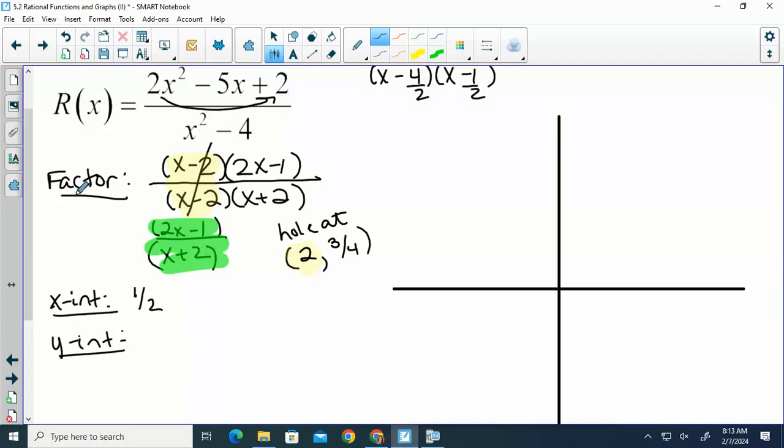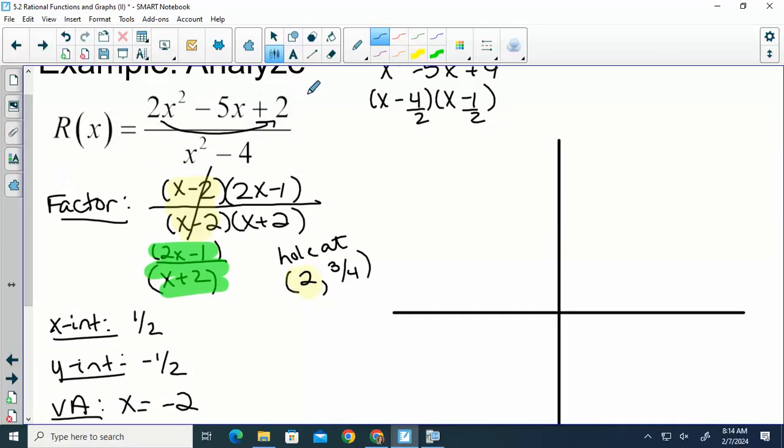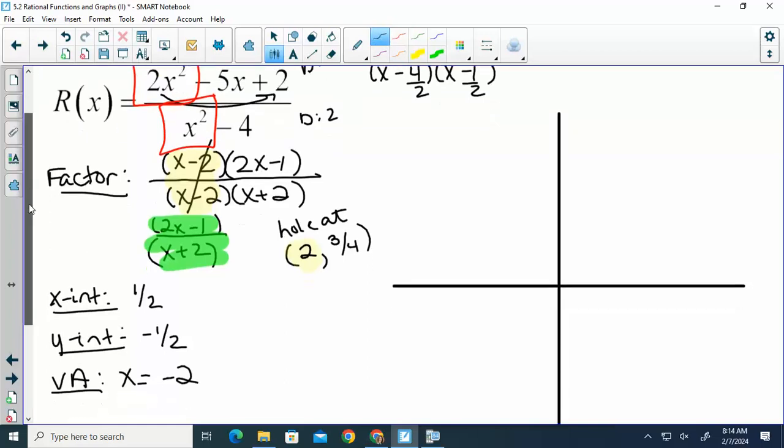If we did it here, we'd have 2 over negative 4, but either way it reduces to negative 1/2. Alright. Vertical asymptote. X equals, what makes the bottom 0? Negative 2. Horizontal or oblique. Let's look back at the original. The degree of the top is, and the bottom, if it's the same degree, we divide those leading coefficients. So 2x squared over 1x squared. So 2 over 1 is 2.